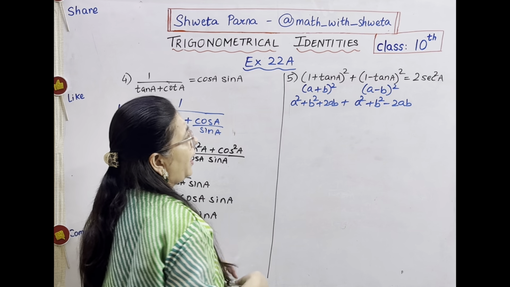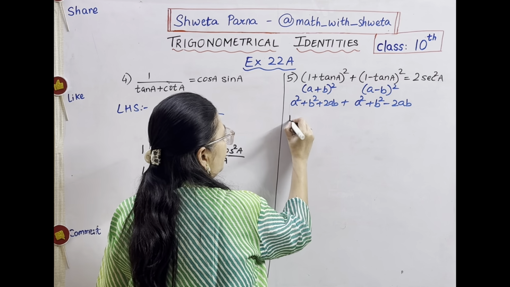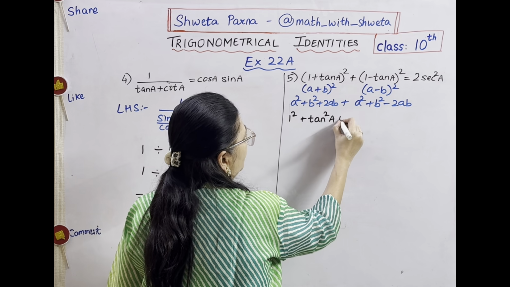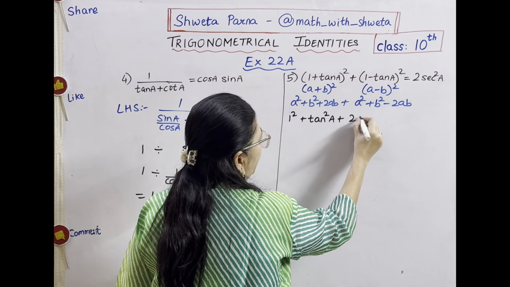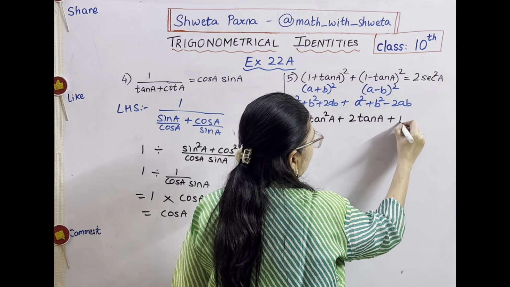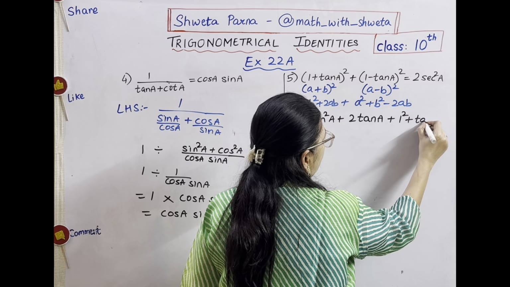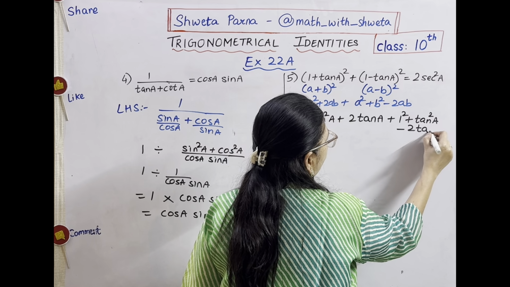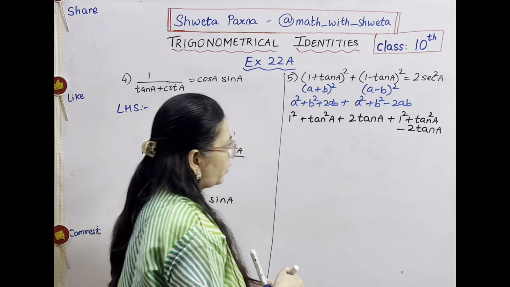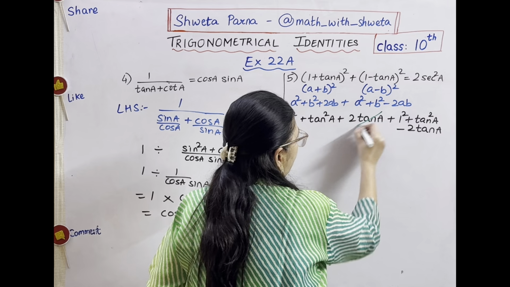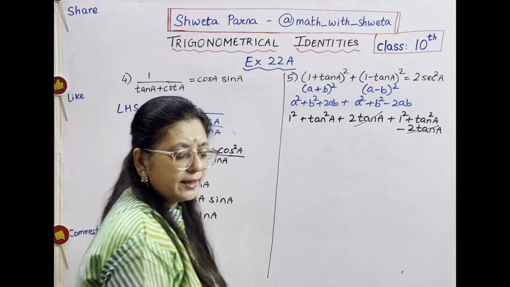Using this, we'll solve it. Over here, a is 1, so 1 square plus tan square A plus 2 into tan A. Over here, 1 square plus tan square A minus 2 tan A. Now, what will take place over here? 2 tan A and minus 2 tan A get cancelled.